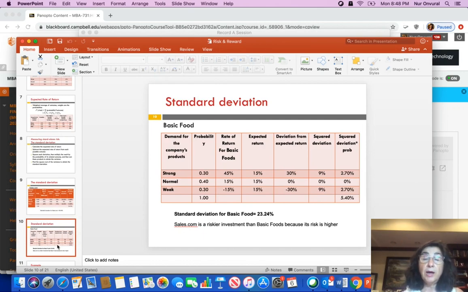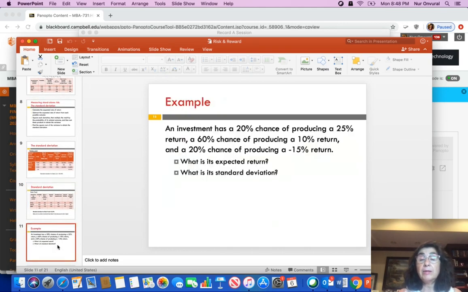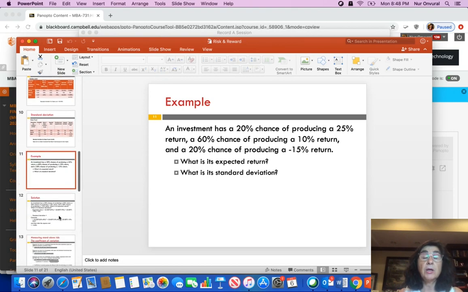Since each company has the same return, we can make our decision by looking at the risk, and we know that Sale.com is a riskier investment than Basic Foods. So as a risk-averse investor, we would choose Basic Foods.